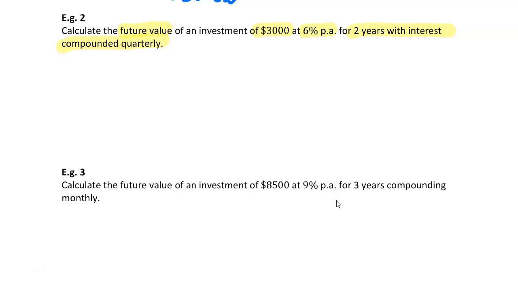Now, compounded quarterly means that we do it 4 times a year, every 3 months or quarterly. Okay, so we have our initial amount, which is $3,000. Now, it's 6% per annum, so that's 6% per year. All right, so we don't earn that each quarter, we earn that over the year. So what do we earn per quarter?